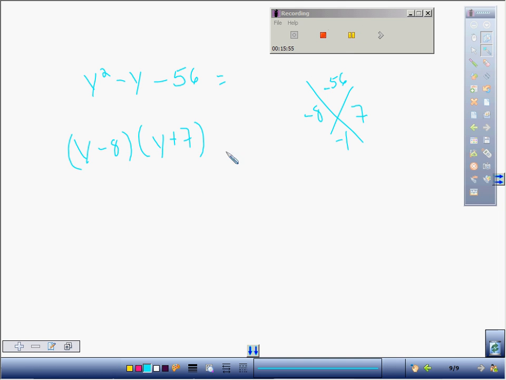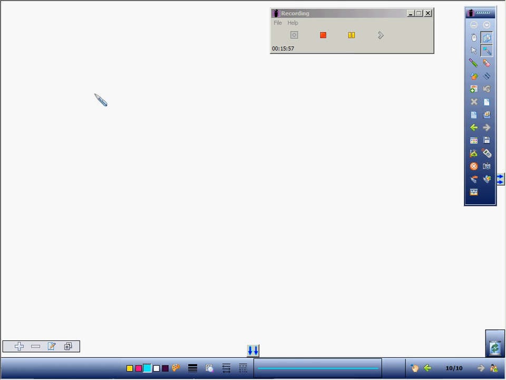So, h squared minus 4hk minus 77k squared. So this looks really confusing, but don't be confused.